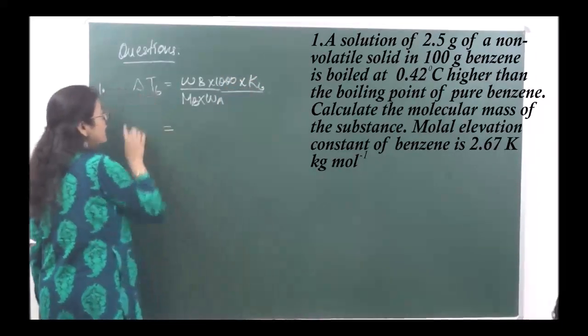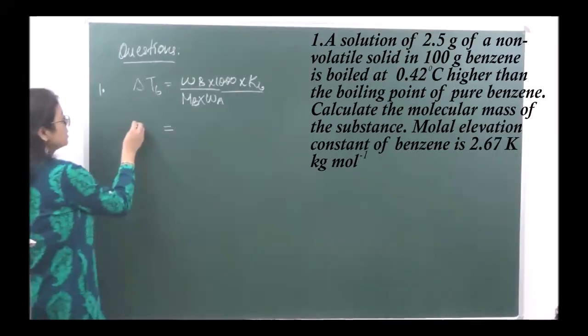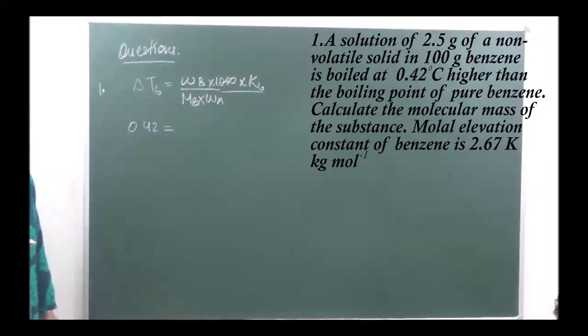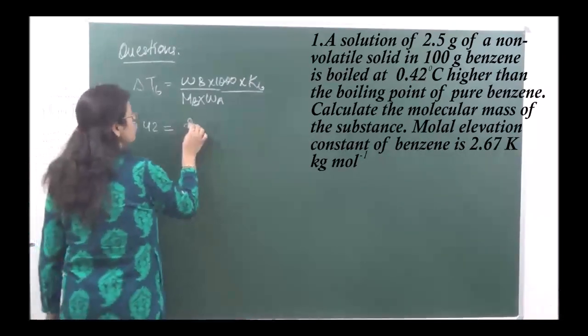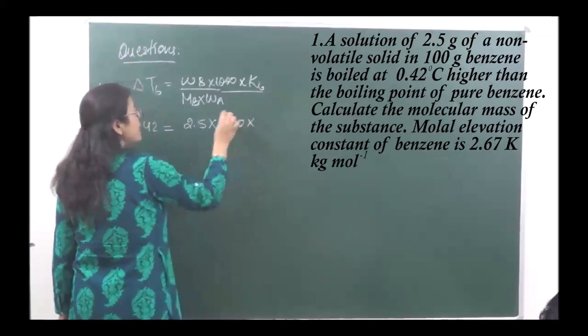Okay. So delta Tb given to us in the question is 0.42, that is equal to Wb given in the question, that is 2.5 grams. So 2.5 into 1000 into Kb.